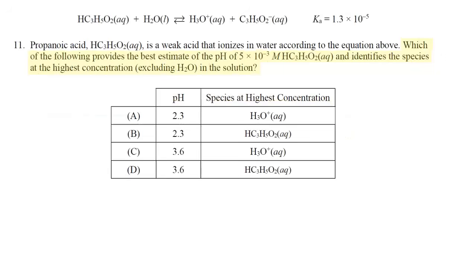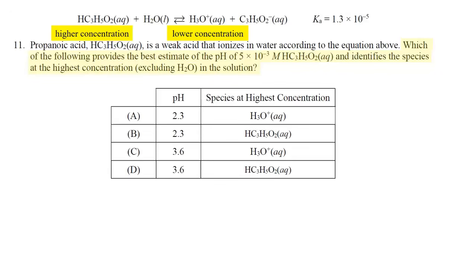So in this solution, and you can see that the Ka is less than 1, it's 1.3 times 10 to the negative 5, we are favoring the reactants on the left side of the equation, not the products on the right side. So there should be a higher concentration of the molecular acid in solution and a lower concentration of the hydronium ion.